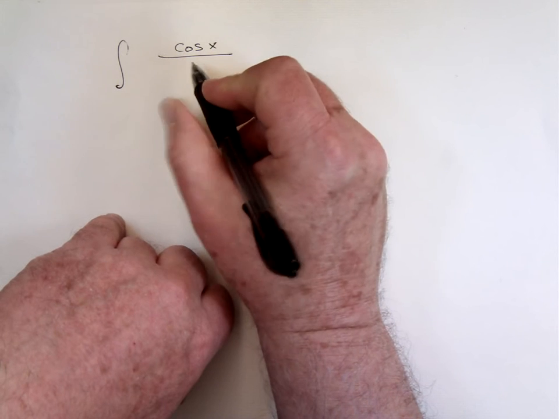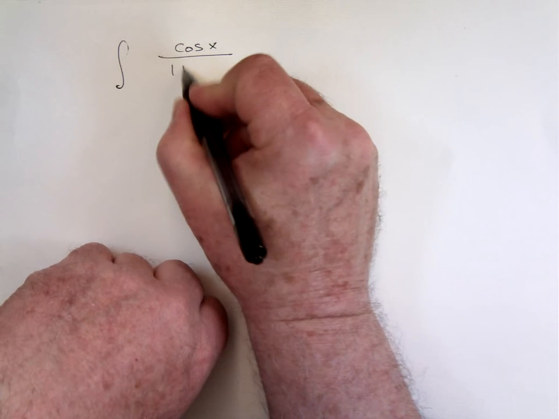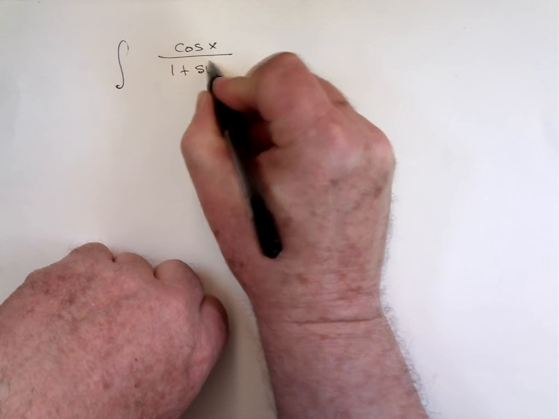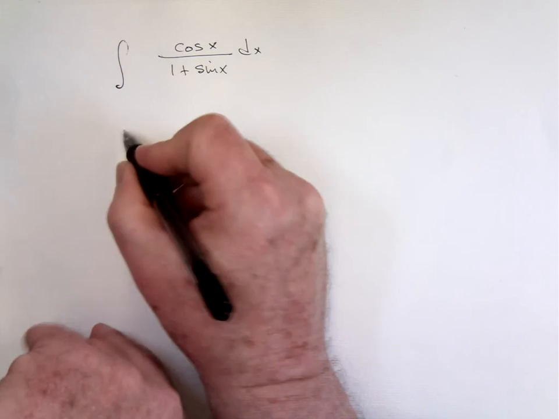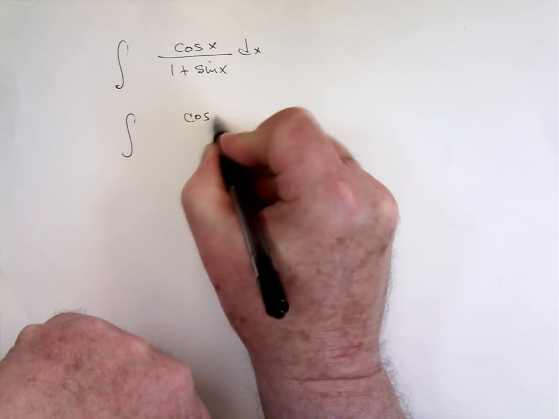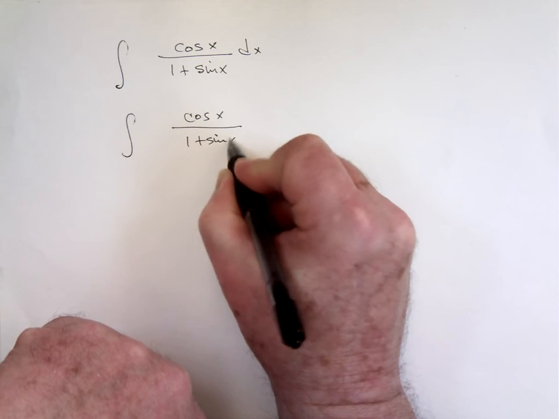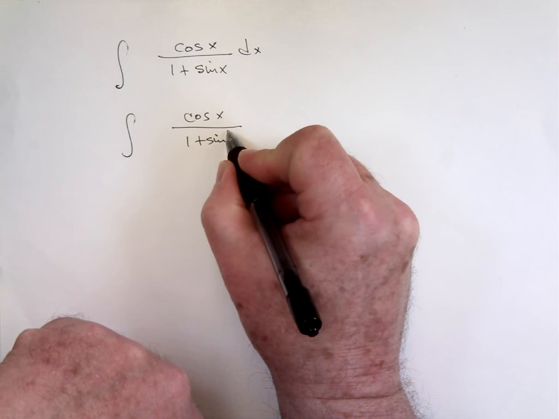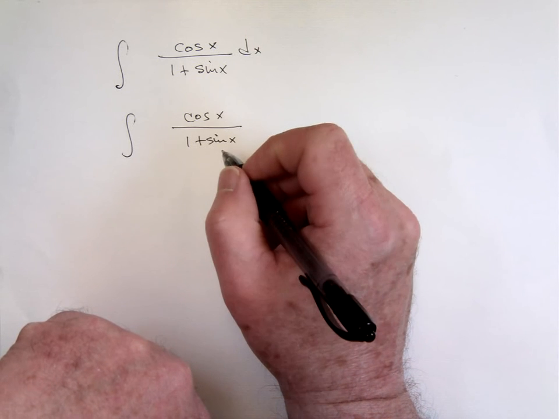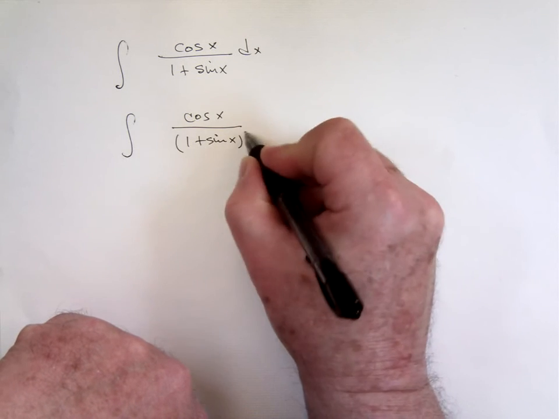And let's do this one too. Cosine x over sine squared x dx. Let's just do the forms.